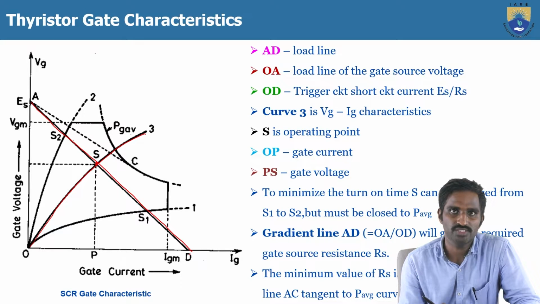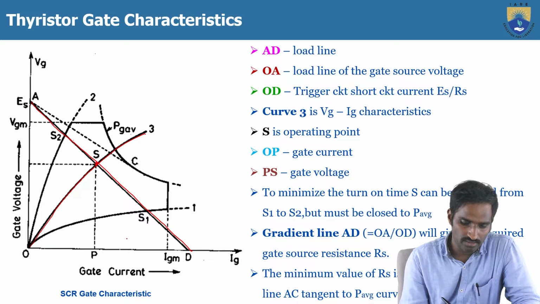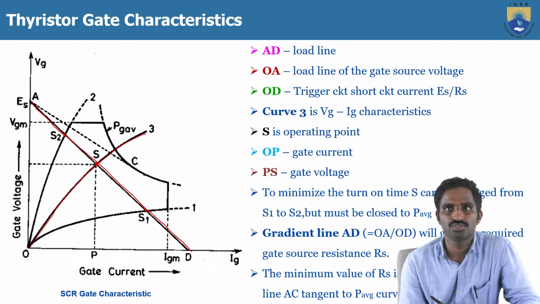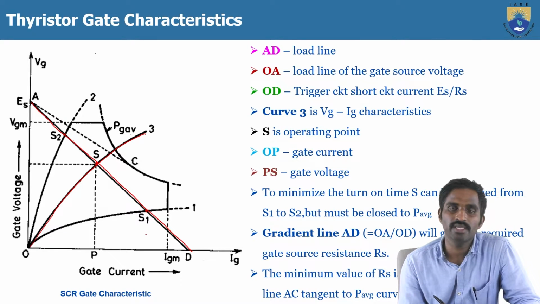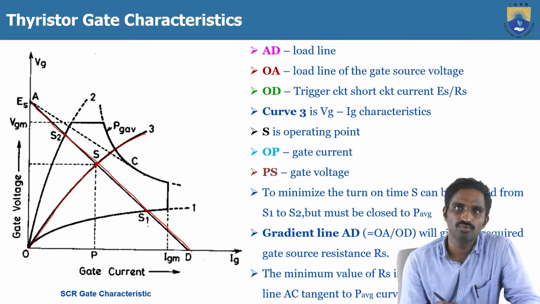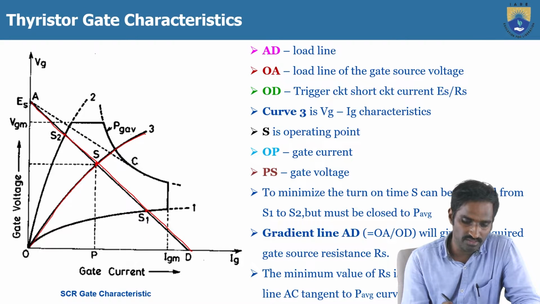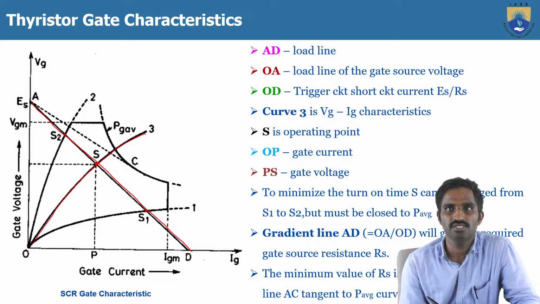The line intersects curve 1 at S1 and curve 2 at S2. Then we must give the gate current and gate voltage to turn on the thyristor in the region between S1 and S2.